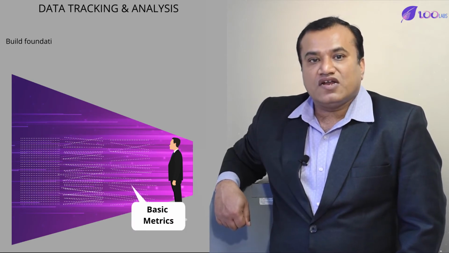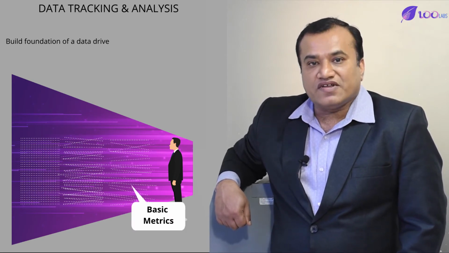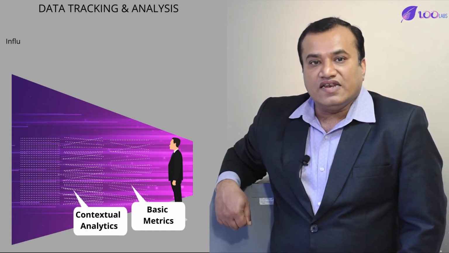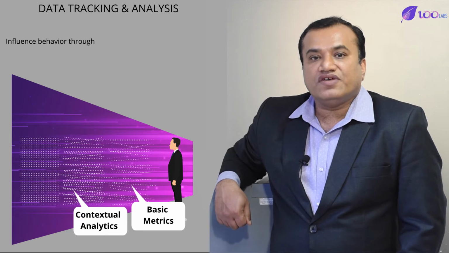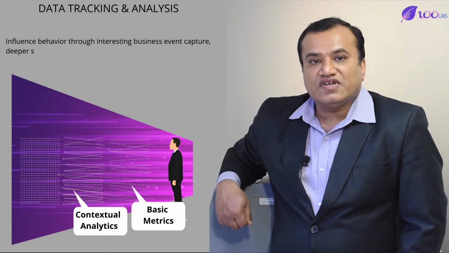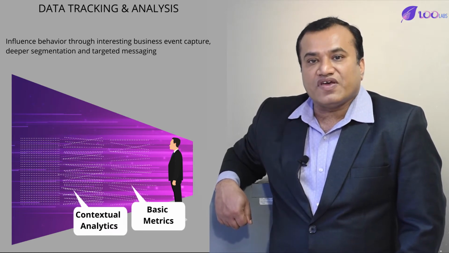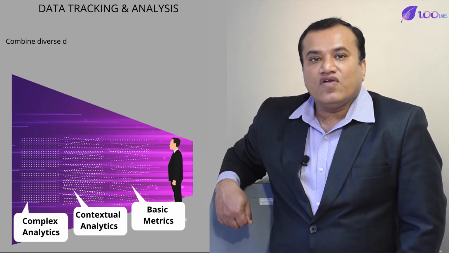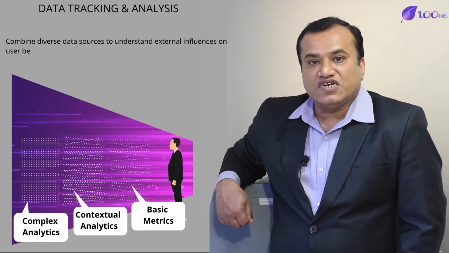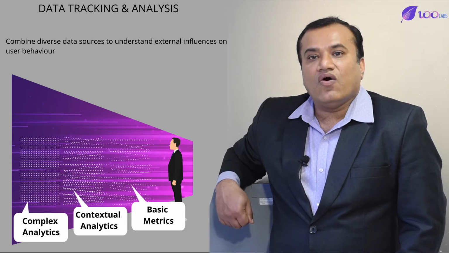It is advisable to start with capture and analysis of basic metrics to build the foundation for a data-driven culture. Then slowly graduate to contextual analytics like interesting business events, deeper filtering and segmentation, and targeted messaging for influencing behavior. Finally, evolve into complex analytics by combining diverse source data to understand how external campaigns influence users.